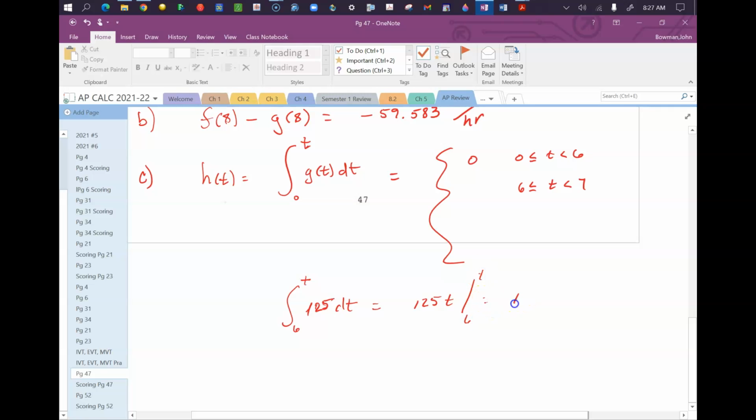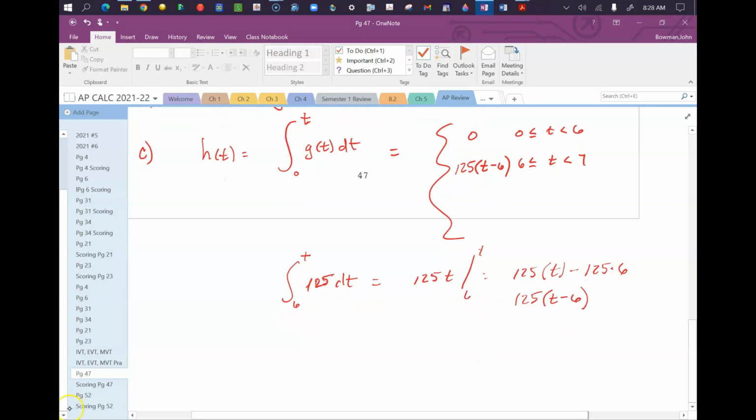So that's going to be 125 times t minus 125 times 6, or 125 times t minus 6. And you could essentially figure that out with calculus. Basically what you're saying is plug any number greater than 6, less than 7 in there, and multiply it by 125, and that's how much snow she has removed. So 125 times t minus 6.